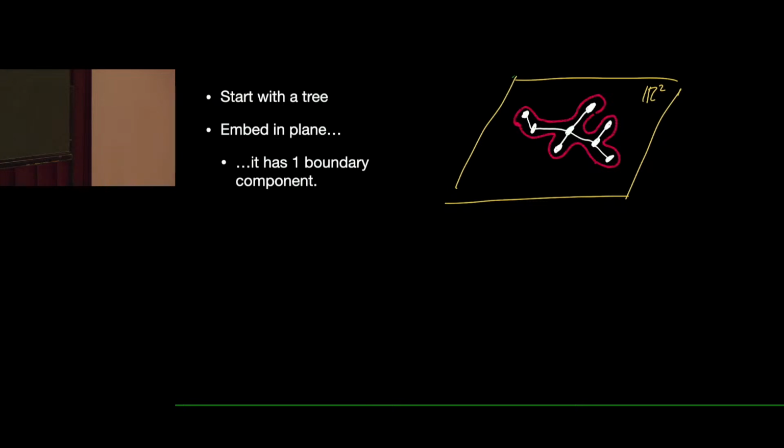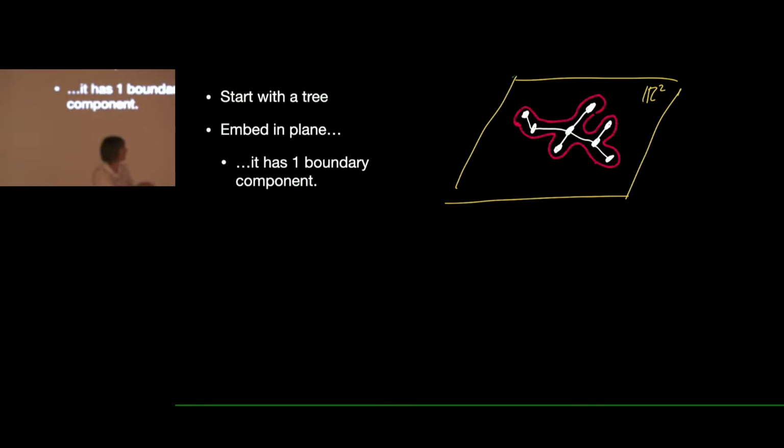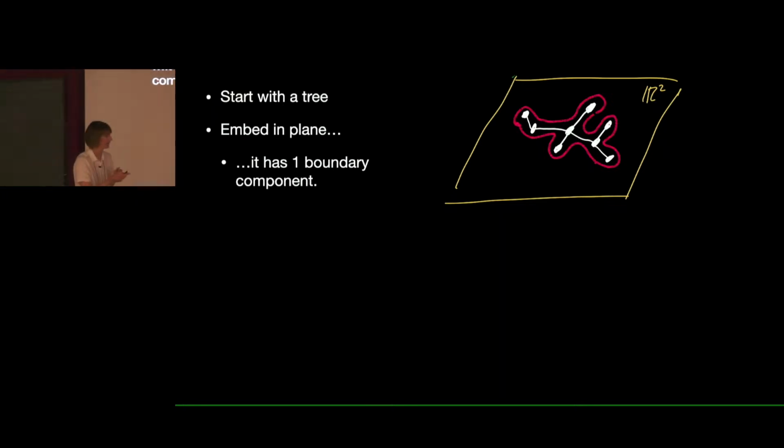So what does this mean? Well, if I stand beside an edge, and I just walk along an edge and keep on following, then by the time I'm back where I started, I've covered each edge, or both sides of each edge. Okay. So I've got one boundary component.